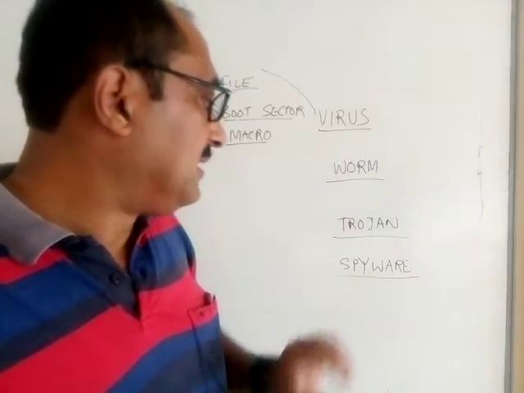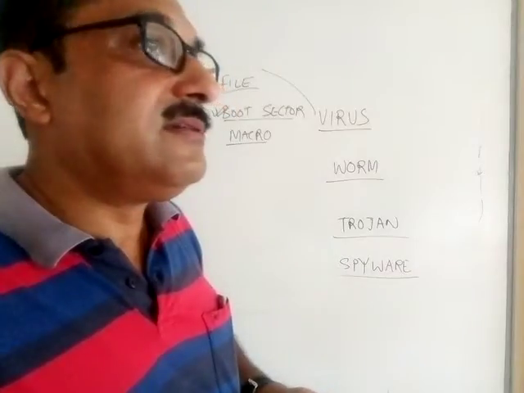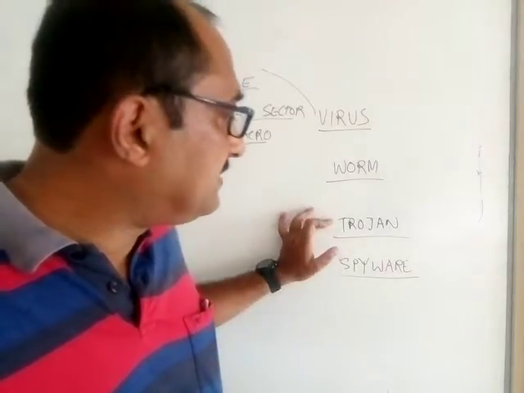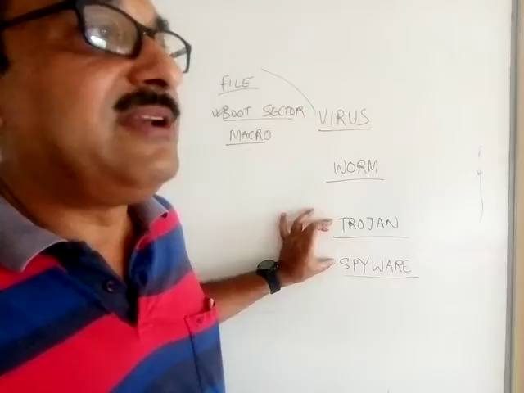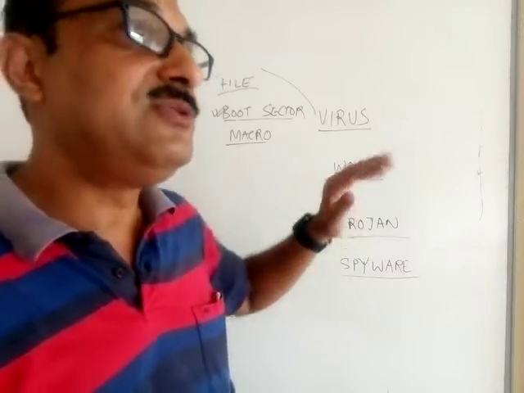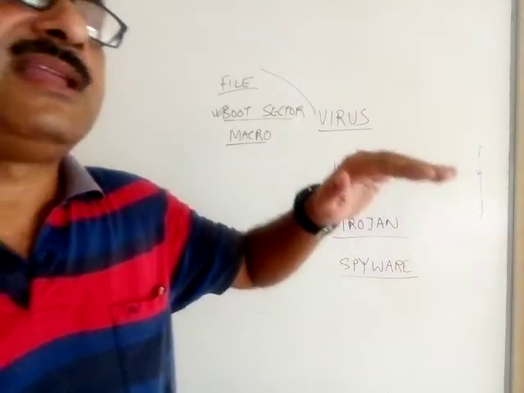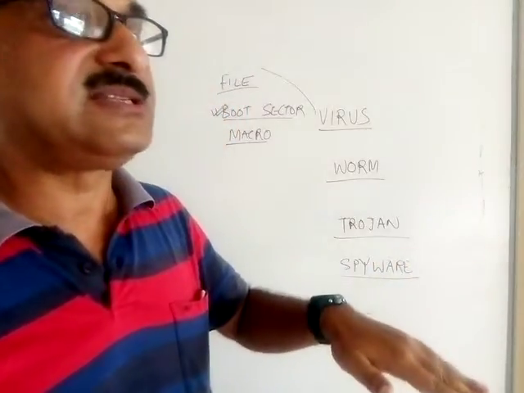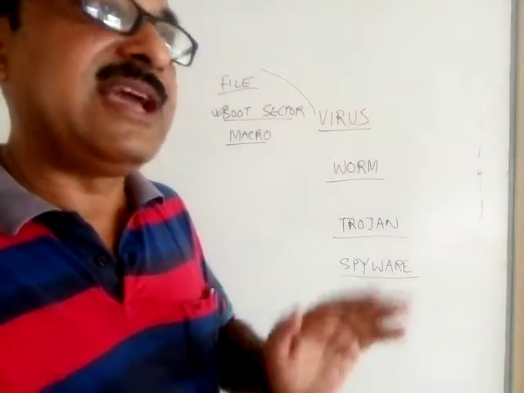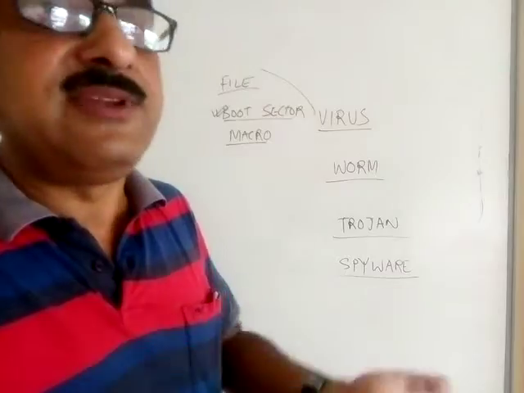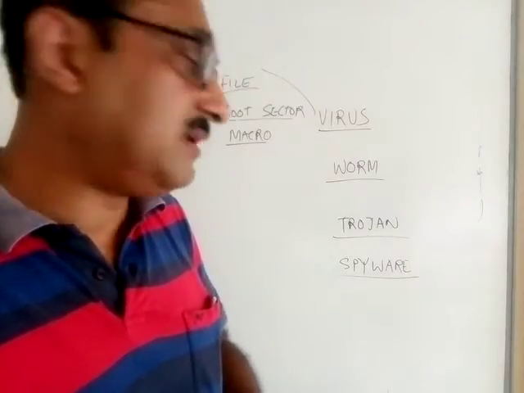Spyware, on the other hand, will not be like that. Both Trojan and spyware take the backdoor entry. That means they will use the loopholes in your firewall or your security system and try to get in. If they can beat the loopholes, they will get in and harm your computer.